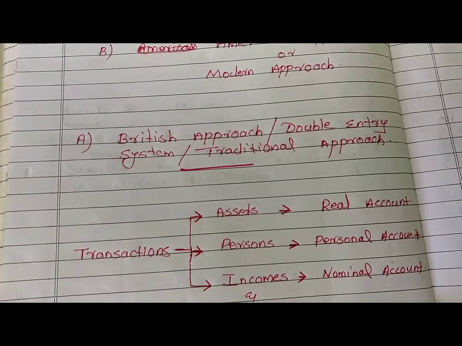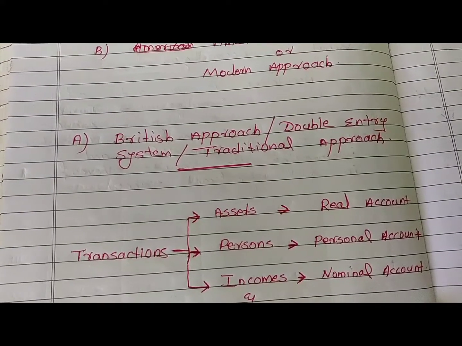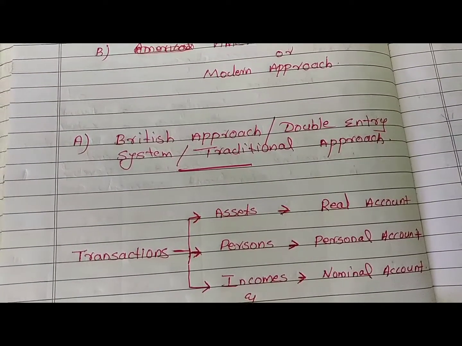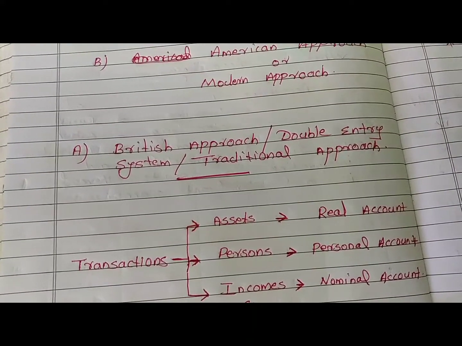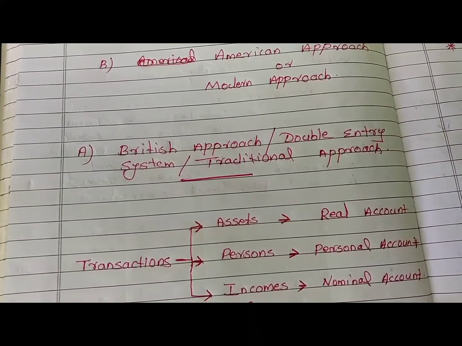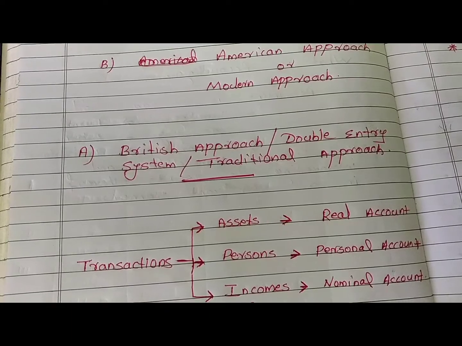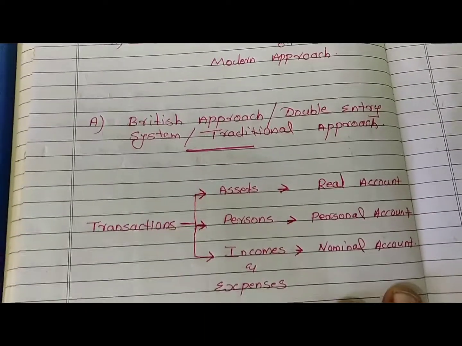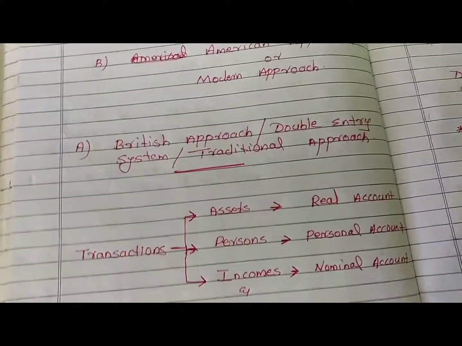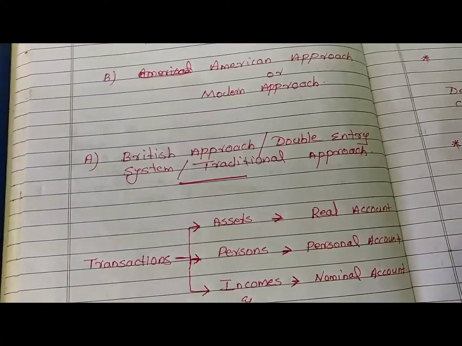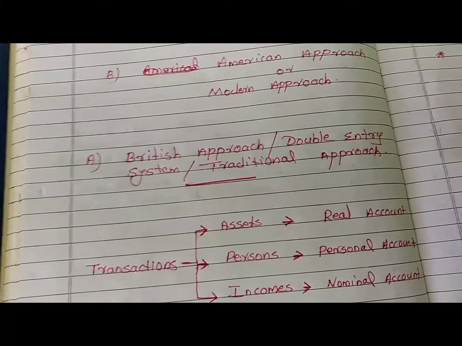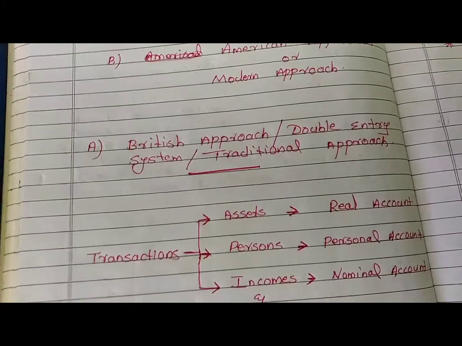In the personal account, we record all the transactions related to persons. And in the nominal account, we record all the transactions related to incomes and expenses. For each account, we have separate debit and credit rules.